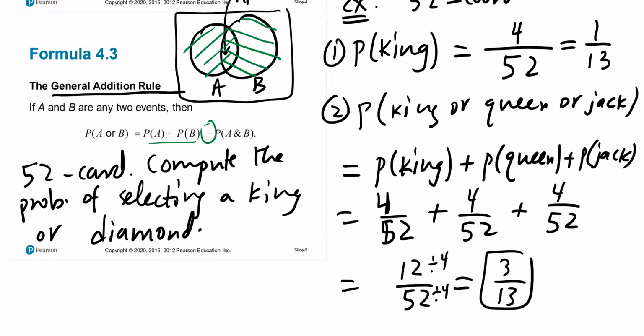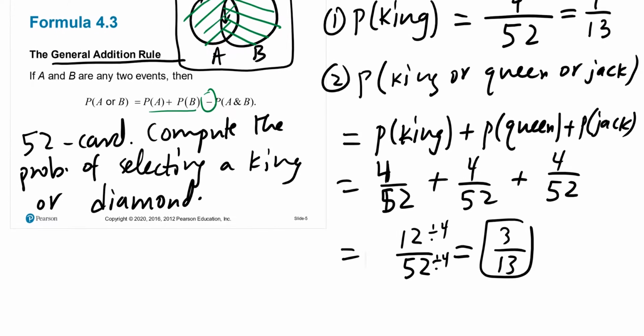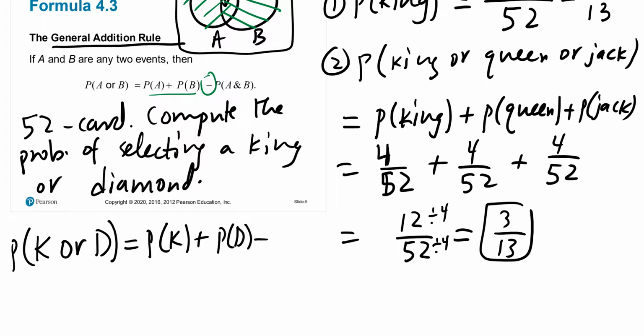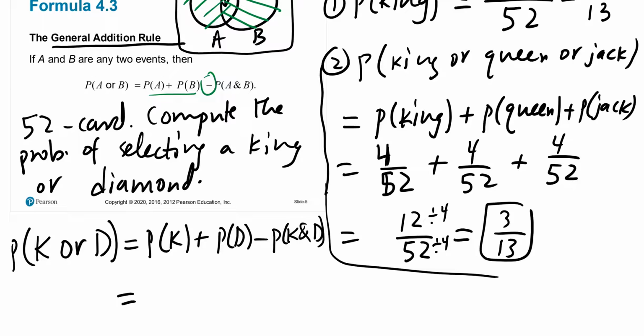Always ask yourself, can the card be king and diamond at the same time? The answer is yes. So in this case, the probability of king or diamond, D for diamond, is the probability of king plus the probability of diamond minus the probability of king and diamond at the same time.